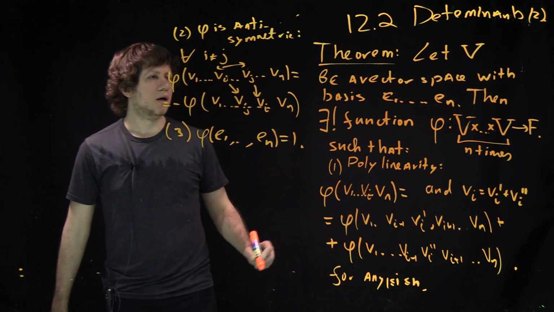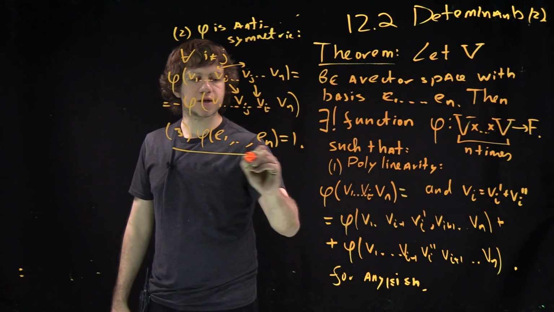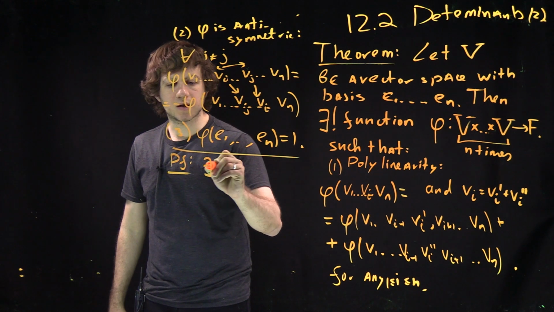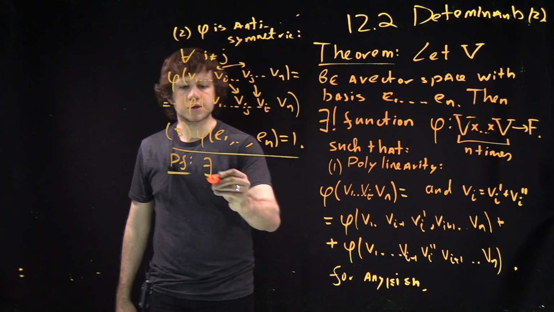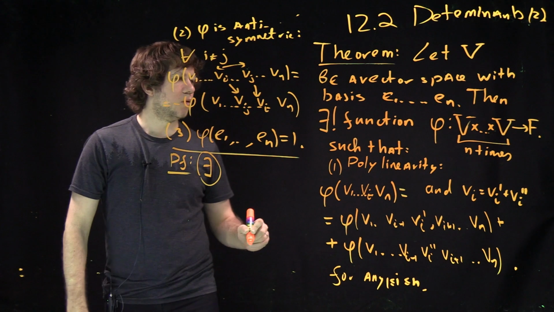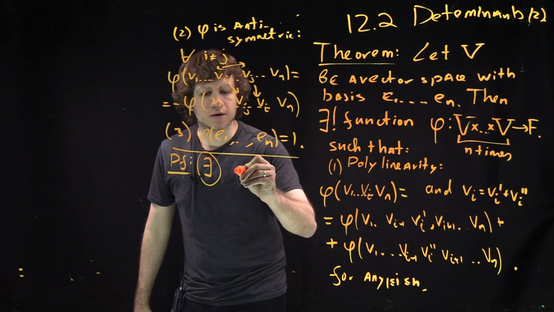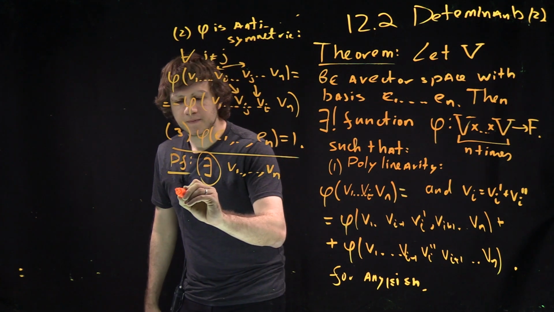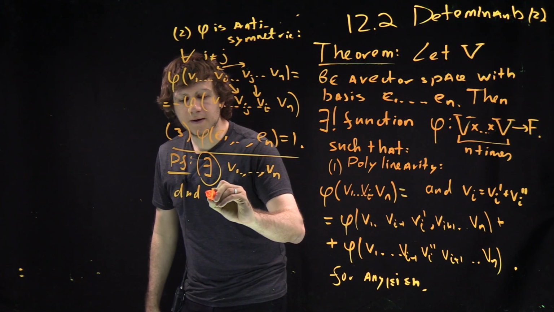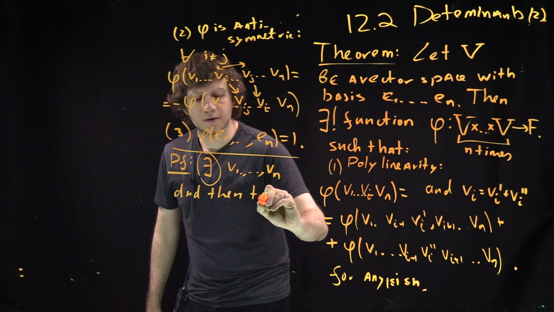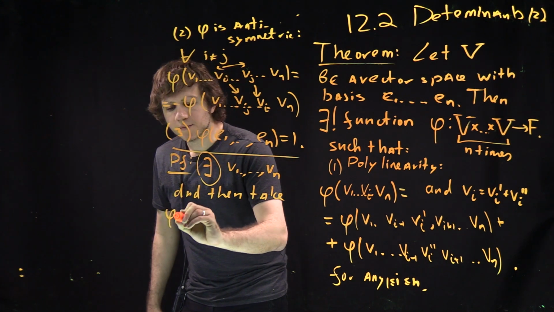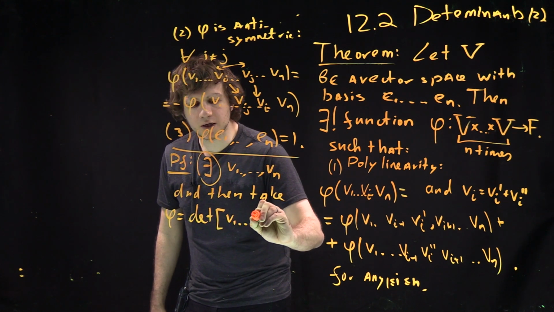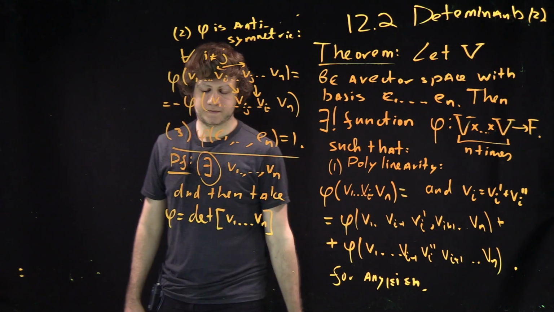So let me start proving it, and I will start with existence. And existence is easy because this is just the determinant. For that, let's consider a collection of vectors v1 up to vn, and then take phi being equal to the determinant of a matrix where v1 up to vn are just column vectors.